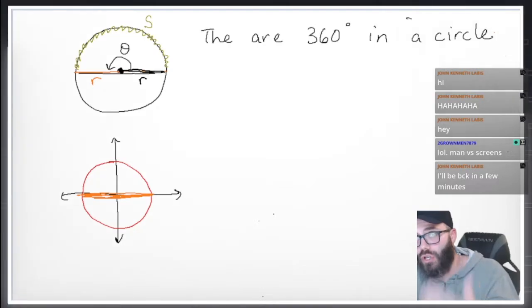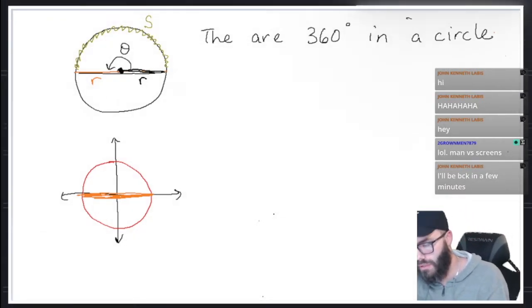So we know straight angles are 180 degrees, which goes back to sketching angles earlier.